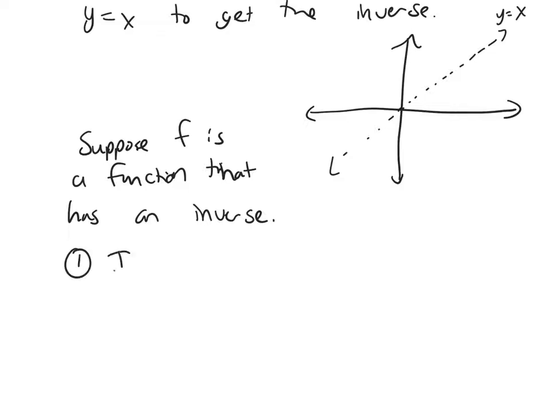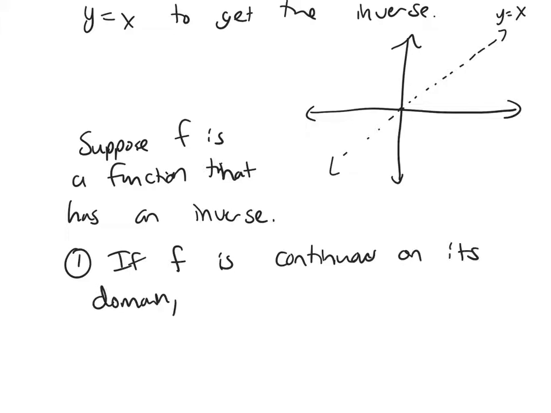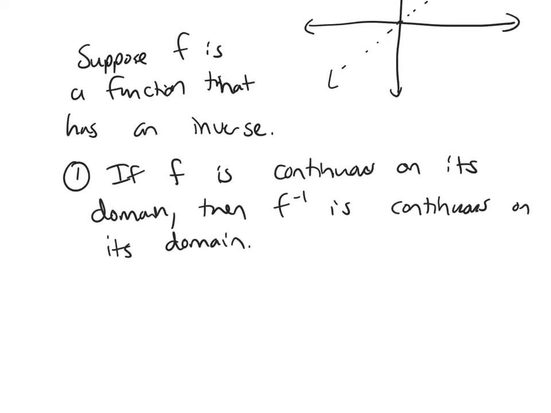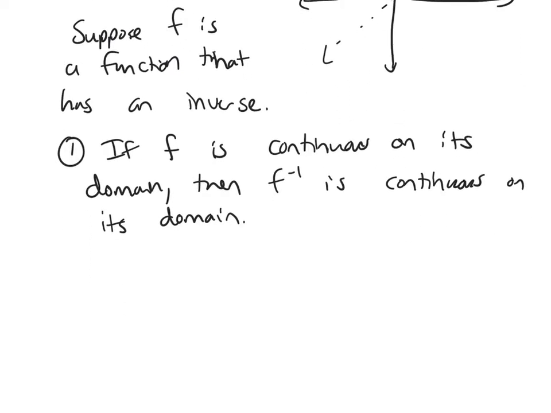In particular, if f is continuous on its domain, then f inverse is continuous on its domain. So as long as the function you start with, f, is continuous, its inverse function will also be continuous.